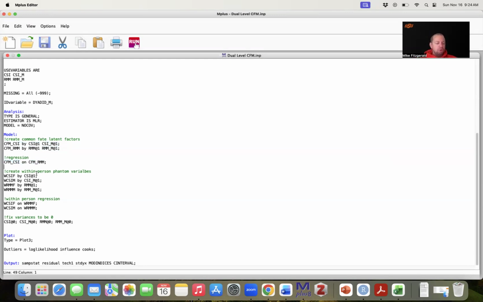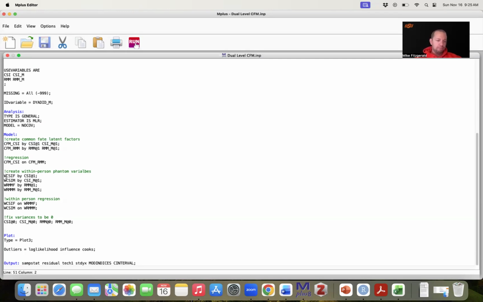Now we're going to create these phantom variables, which are essentially meaningless variables that we implement into the model so that we can get parameters that would otherwise not have been possible. Again, we're just tricking the software into allowing us to estimate those individual level regressions. So we're going to create this phantom variable.